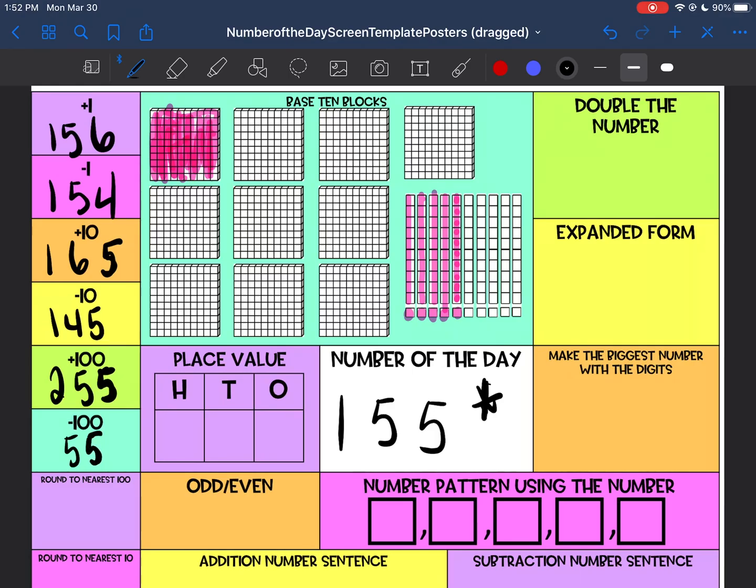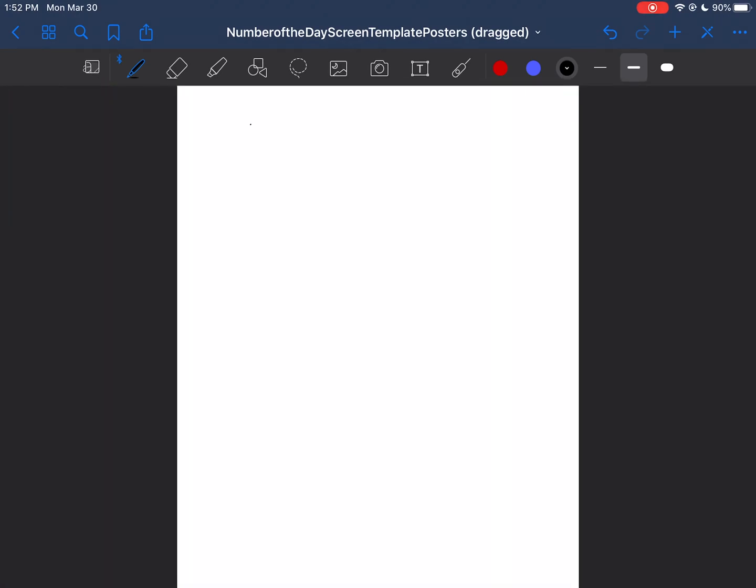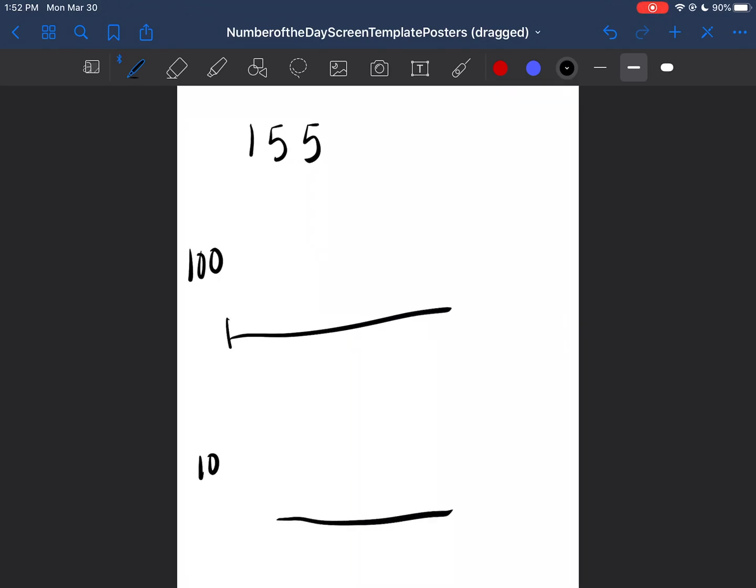Now, down here at the bottom, rounded to the nearest 100 and the nearest 10. All right, so I'm going to go over here to a sheet, and I'm going to round to the nearest 100, and I'm going to round to the nearest 10. Now, we've spent time this week rounding. I'm going to draw out my number lines to get me started. First, to the nearest 100. I'm rounding to my nearest 100, so I know that I need to look at my hundreds place.